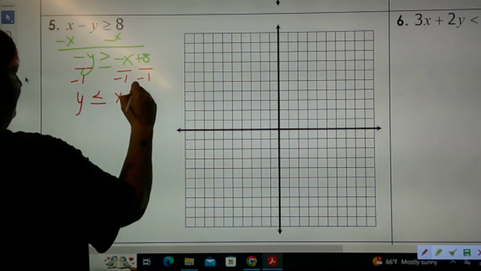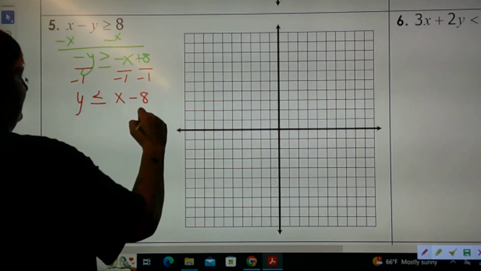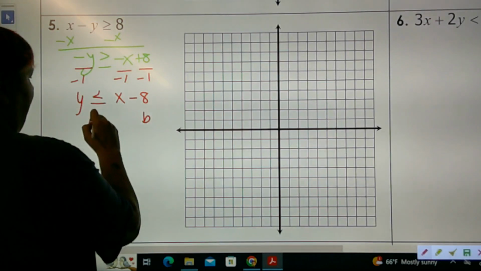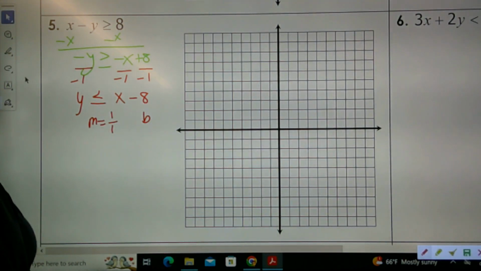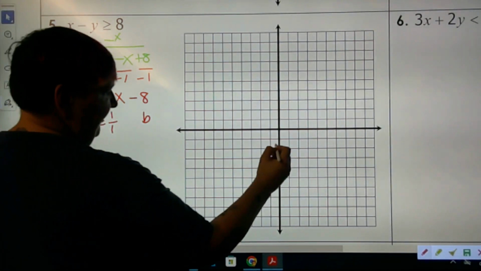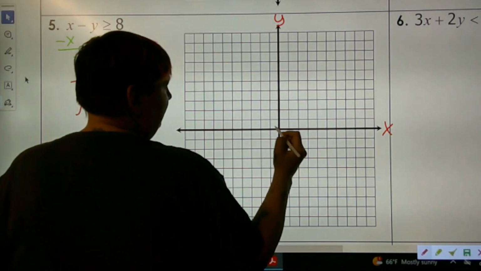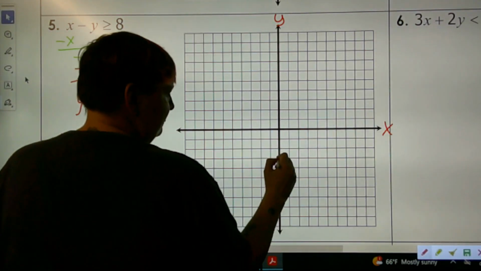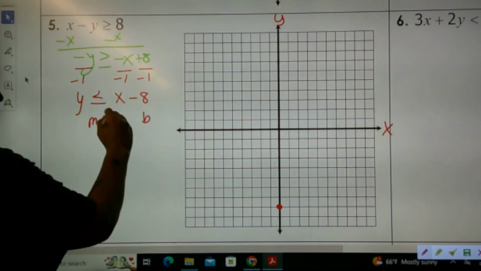And it's x minus 8. So our b is -8. And our m is 1 over 1. So -8. 1, 2, 3, 4, 5, 6, 7, 8. And 1 over 1.